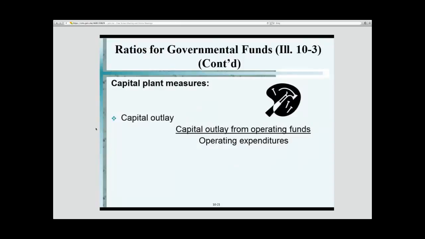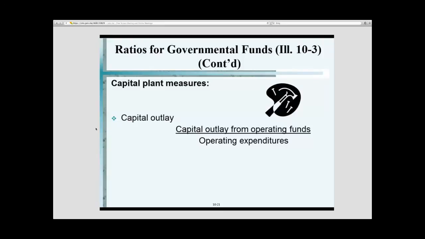Capital outlays from operating fund. And this is an interesting question. A lot of towns and others don't want to spend money on capital until things are totally done and finished. They don't want to spend money on maintenance, which is sad. And why I say this is, most of you would say the less capital outlay, the better.